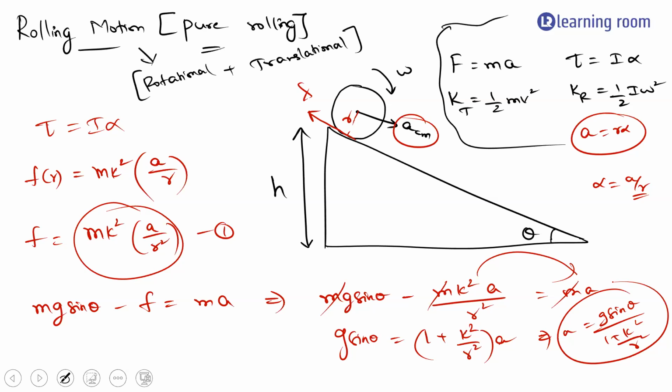That's the point here. So make a note of this. This value is to be remembered: g sin theta divided by 1 plus k square divided by R square.